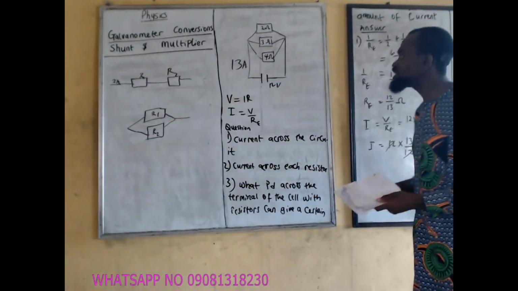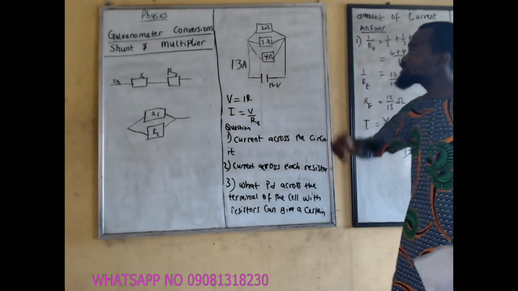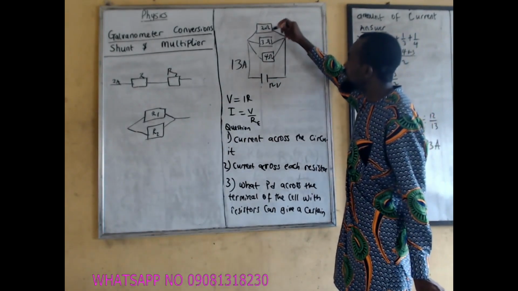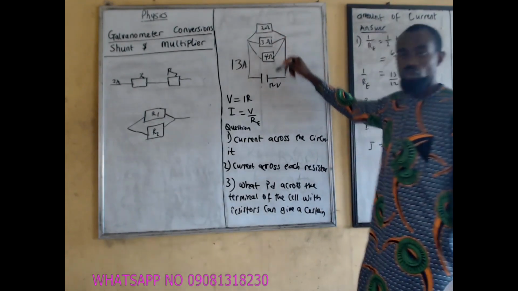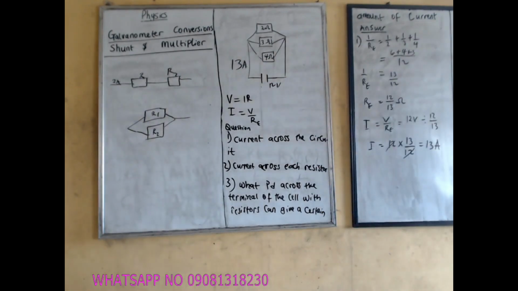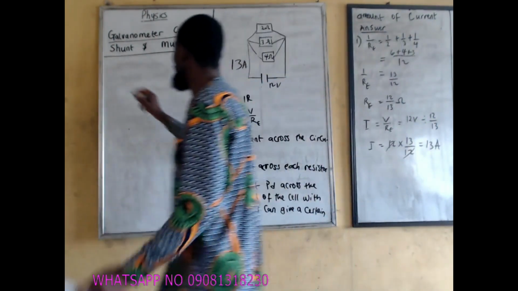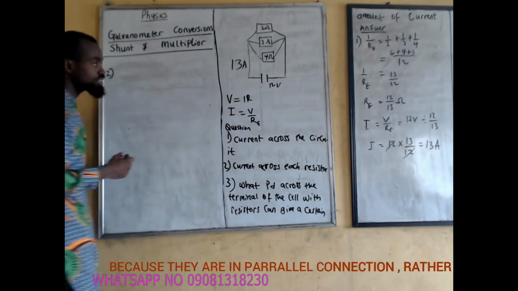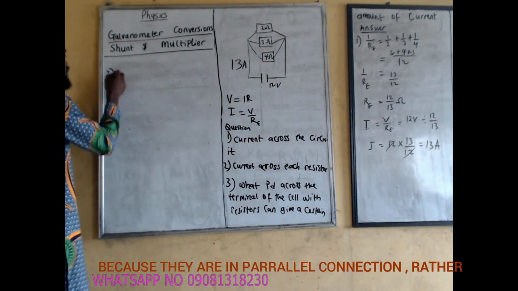Current across each resistor. Now you know the terminal potential difference, you know the current across the circuit. But what should be the current in each resistor? Because they are in parallel connection. Now to find the current across each resistor, you still have to engage Ohm's law.